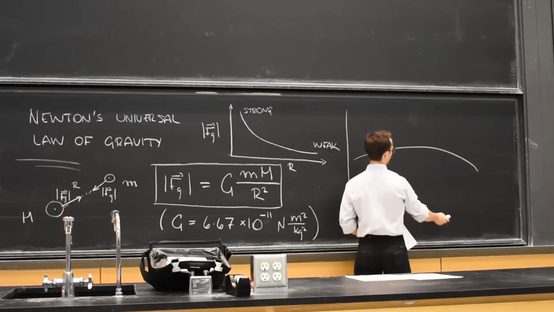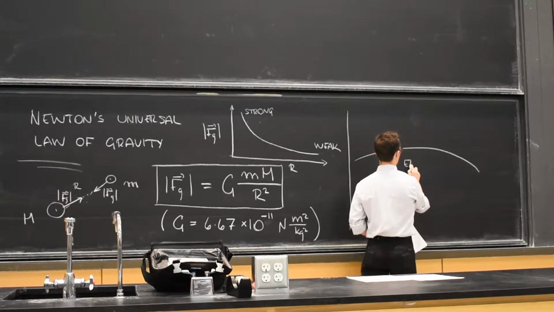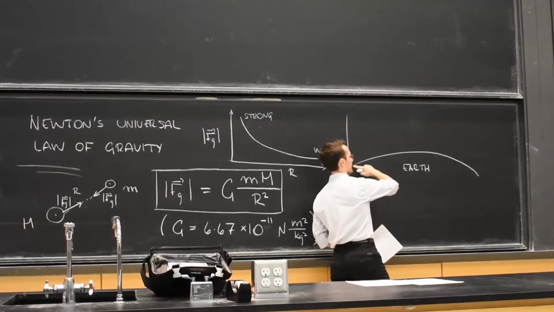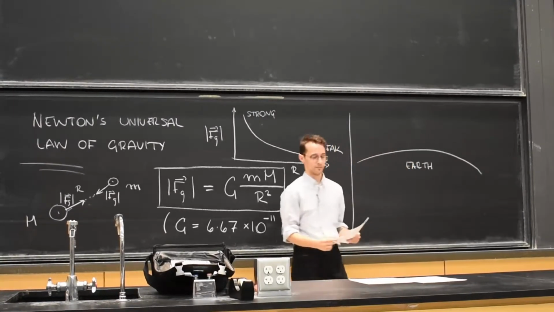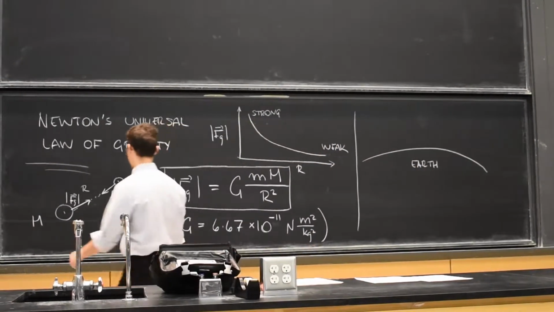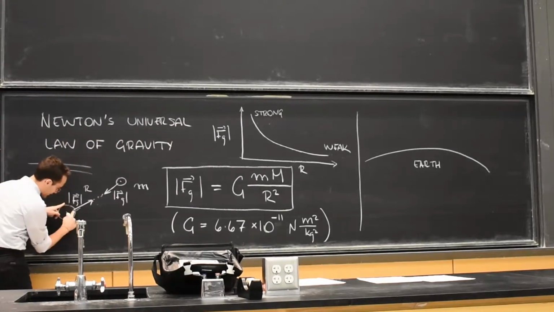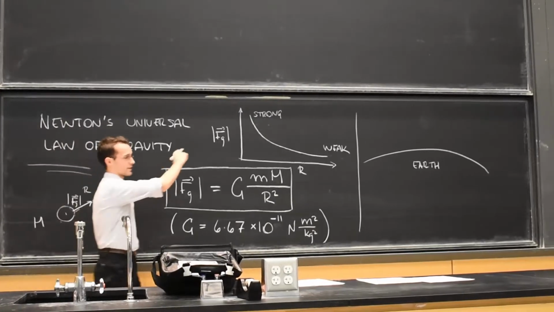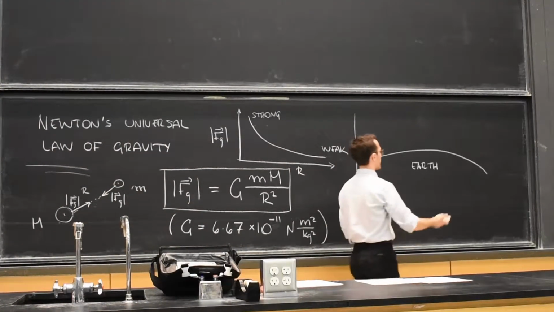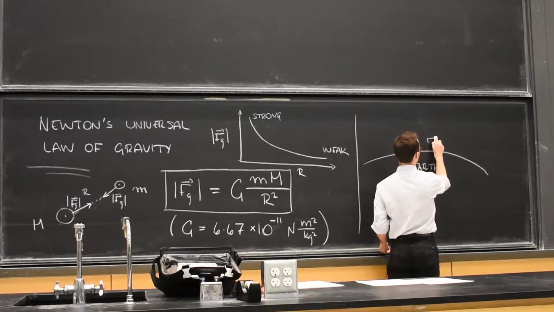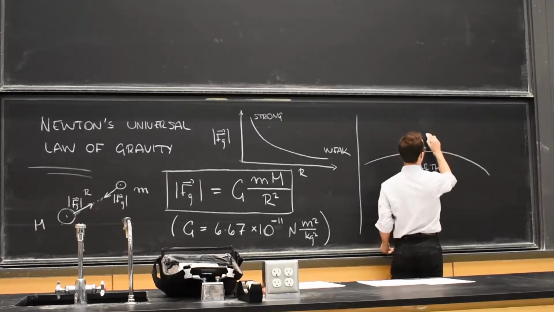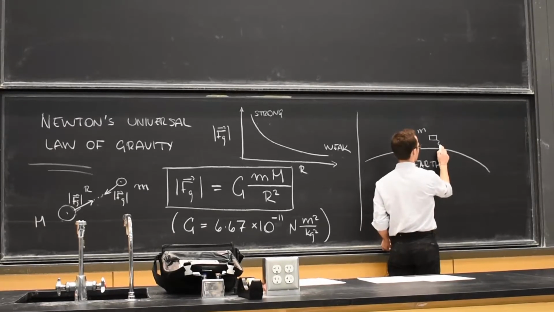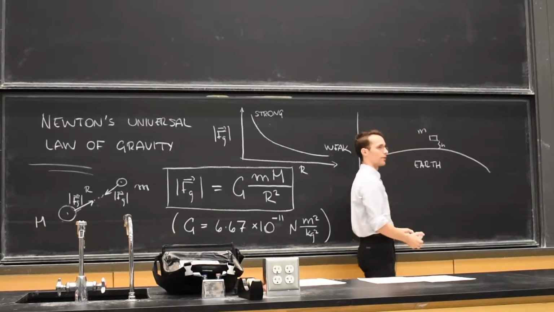Consider this is an up-close picture of Earth. In this diagram, we're looking at this tiny sliver. This is Earth, and we're looking very close to it. So this is the side of Earth. And we consider an object much smaller than Earth, of mass little m, and it's only at a height h off the ground.